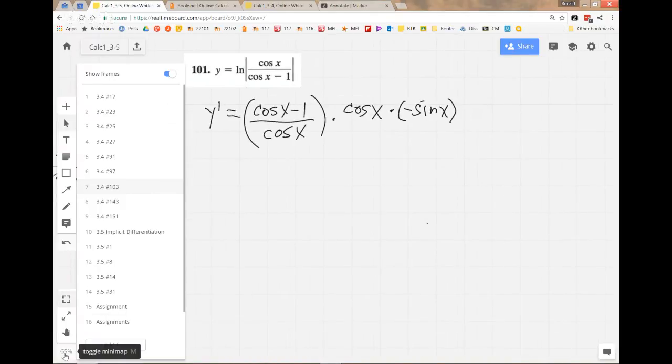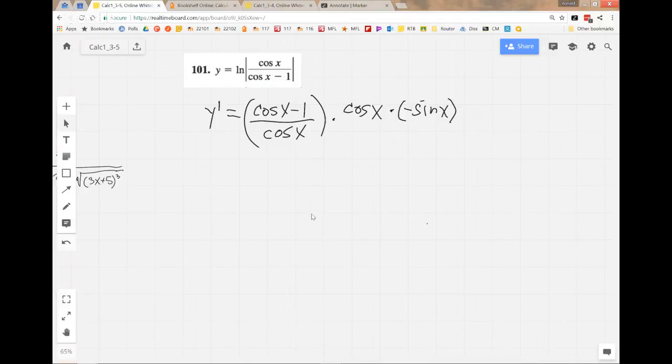Minus the numerator times the derivative of the denominator, all over the denominator squared. All right, so what can we do to work on this?